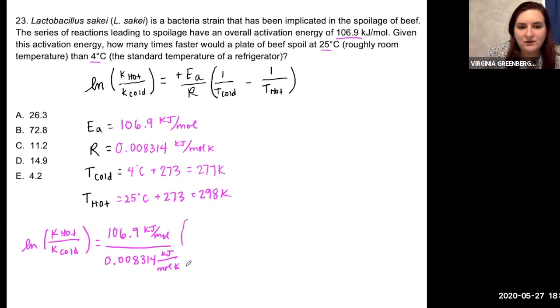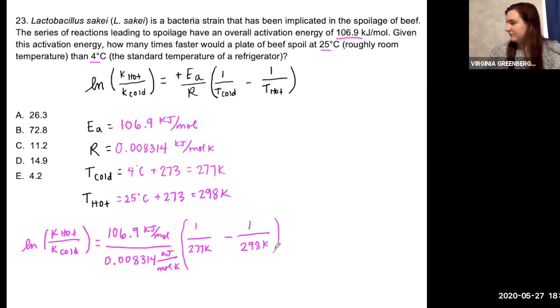Times 1 over our cold temperature, which will be 1 over 277 Kelvin, minus 1 over our hot temperature, which is 298 Kelvin. And so, being really careful with order of operations, I'm going to go ahead and just solve for what the right side is equal to.